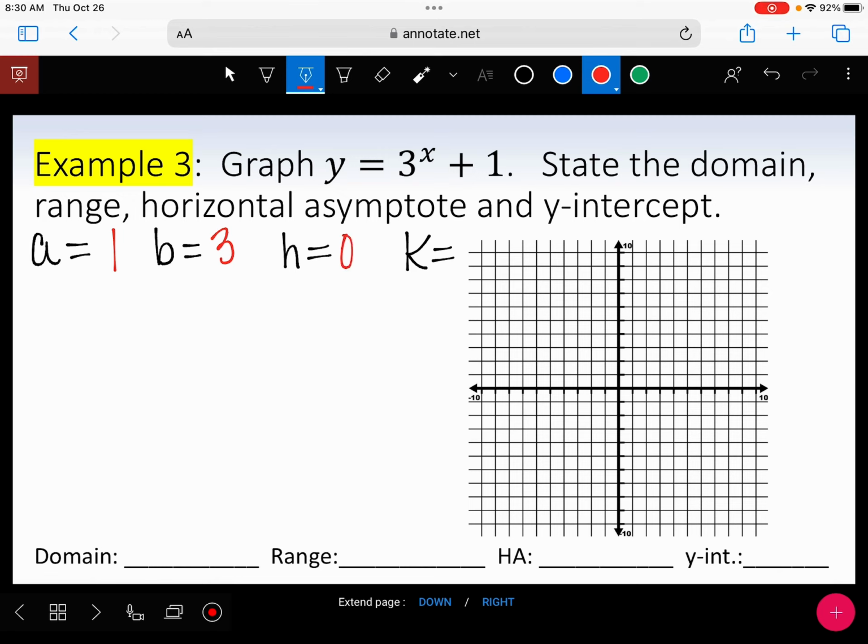0. What's K? 1. So we already have our table for y equals 3 to the x because we use that same table. So I'm just going to rewrite those numbers.